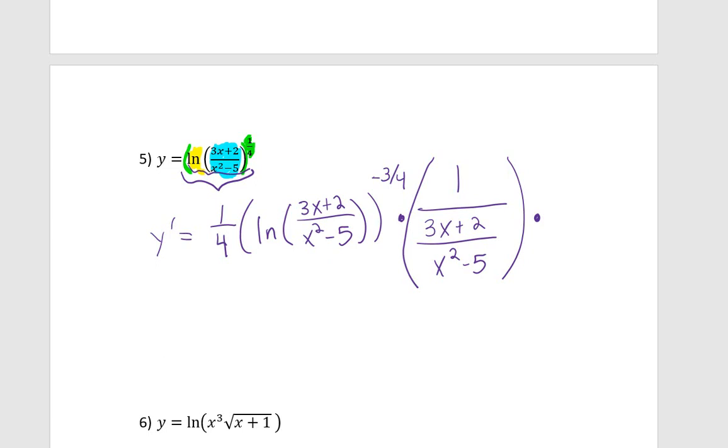So the derivative of that inside piece would be the bottom times the derivative of the top minus the top times the derivative of the bottom. Oh no, I ran out of room. All over the bottom squared.